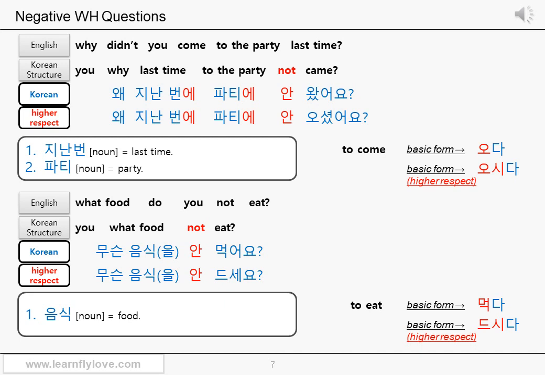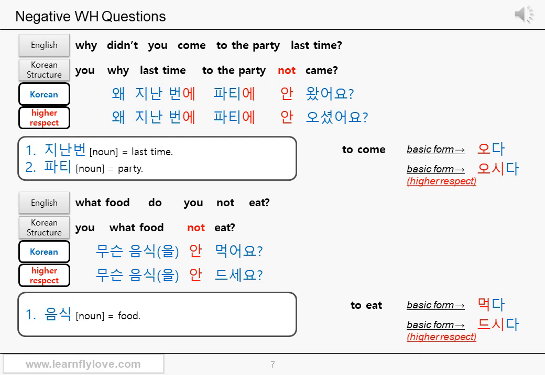You, what food? Not, eat. What food? What is 무슨? Food is 음식. 무슨 음식? Not, 안, eat. 먹어요? 무슨 음식 안 먹어요?